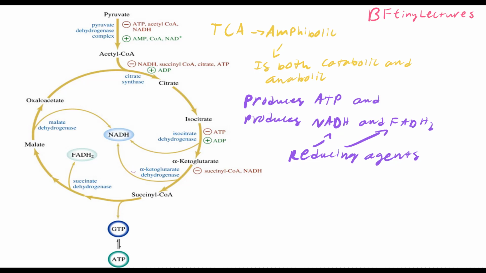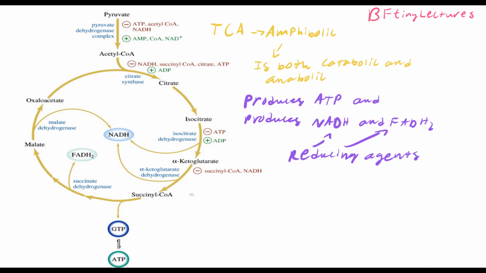And finally, because ATP can be generated from molecules converting into each other, where certain molecules convert into different ones and produce ATP as a result, that is called substrate level phosphorylation.